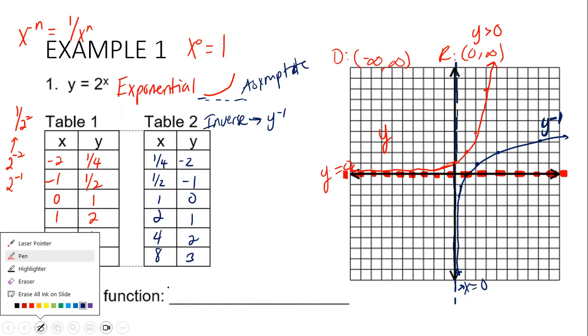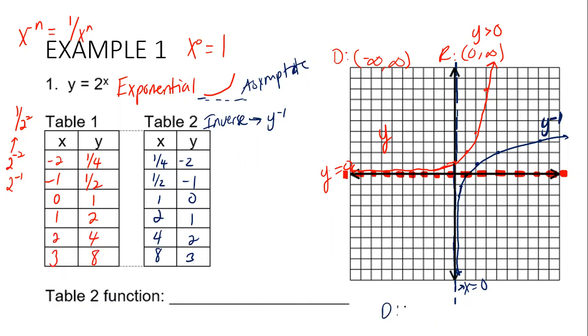All right. So let's talk about the domain and range here. Now looking at our inverse, what is the domain of our inverse? It's 0 to infinity, because now our x's start at 0 and then go to infinity. What's our range? All real numbers from negative infinity to positive infinity.